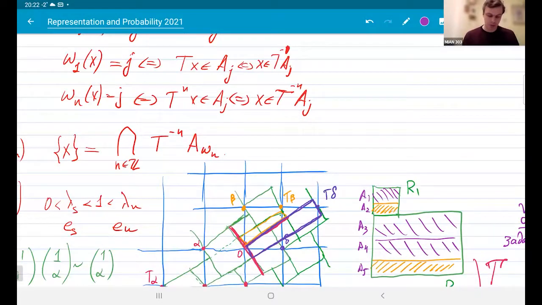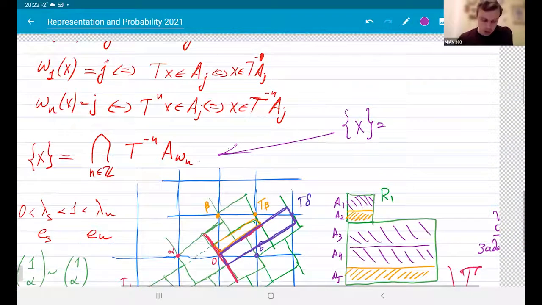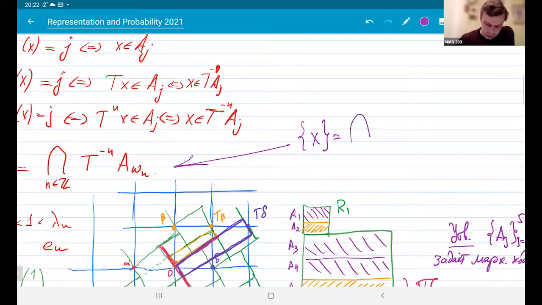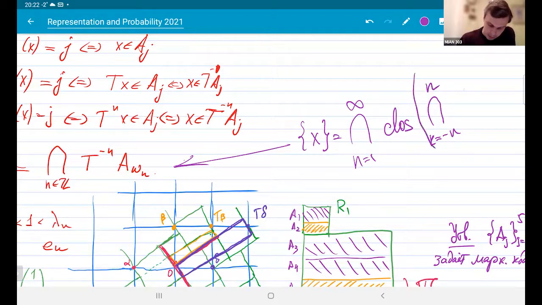Правильная формула, давайте я уж это напишу и, может быть, на этом закончу. Можно так написать, что я пересекаю внутренности, сейчас только здесь t минус n.